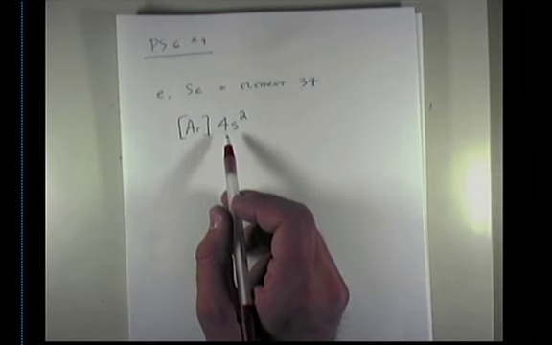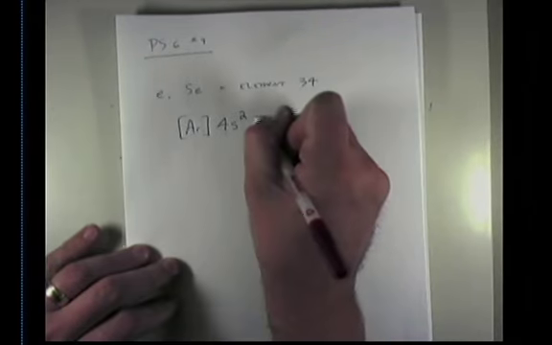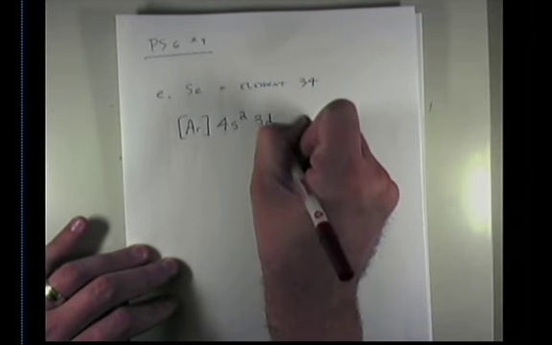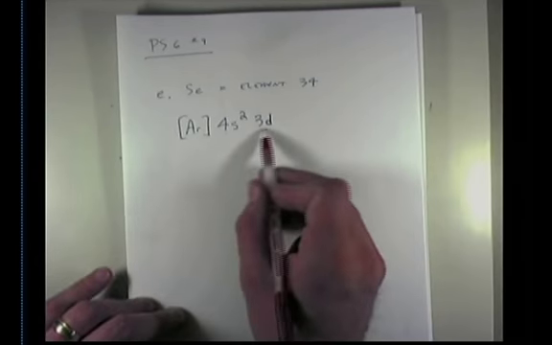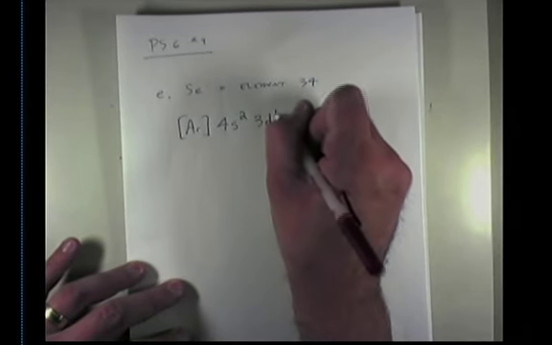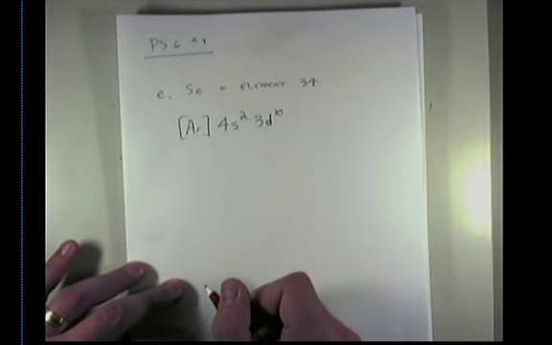But as soon as I get to element number 21, scandium, I am in the 3d level. And now I count up. Elements 21, 22, 23, 24, 25, 26, 27, 28, 29, and 30 all take me through the entire D block in that row with 10 electrons in it.